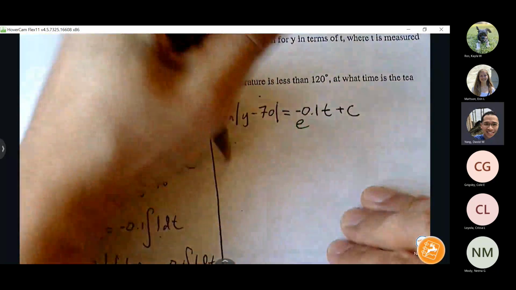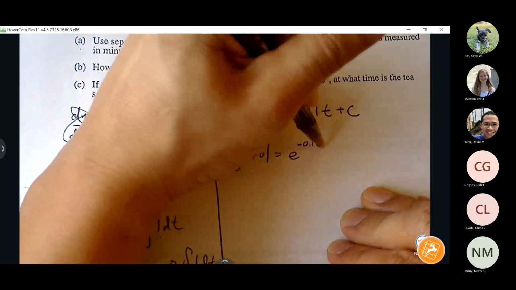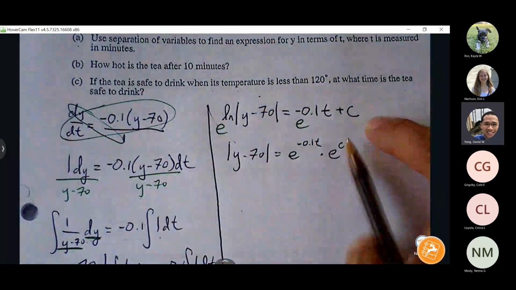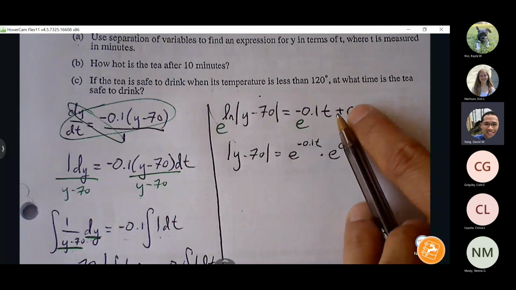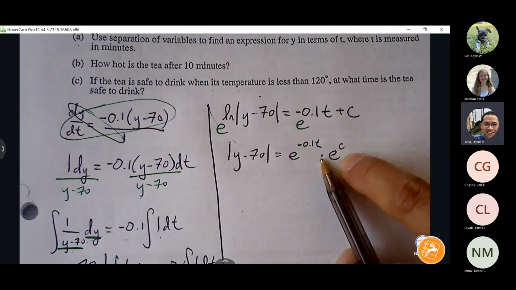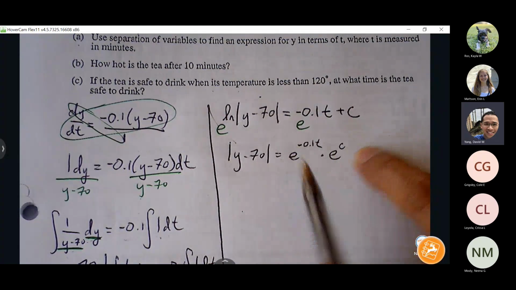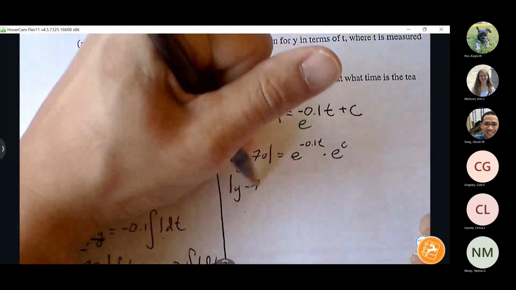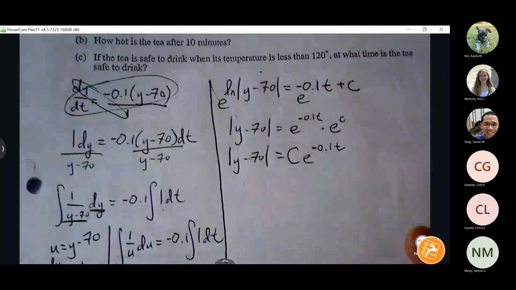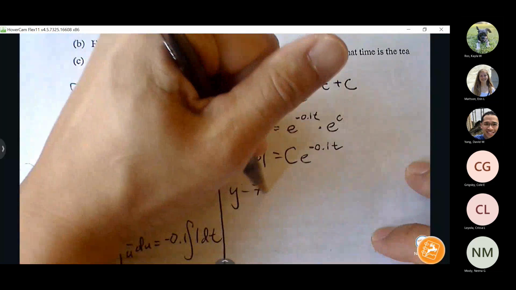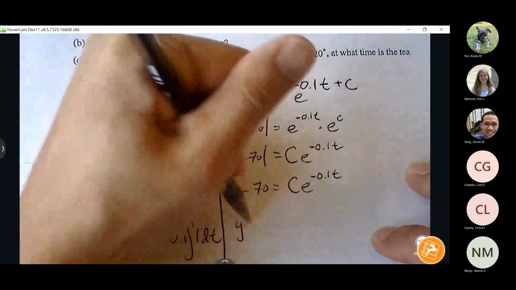E and natural log cancel out. I want to drop that c away from this expression, so that plus in the exponent is going to turn into a multiplication on the base side. Okay, e to the c is just one big constant. I can pull that constant out in front. Drop the absolute value. Solve for y.